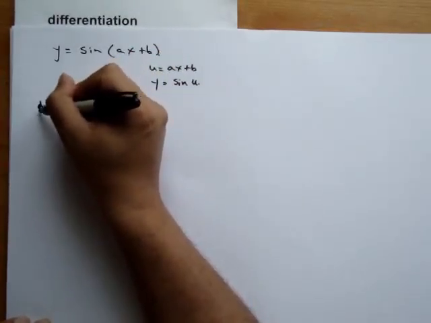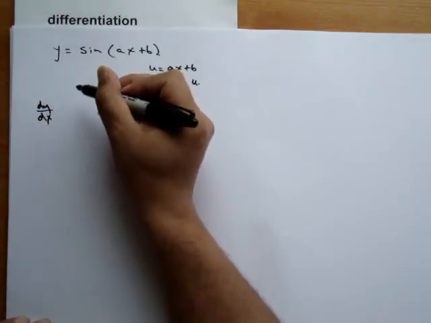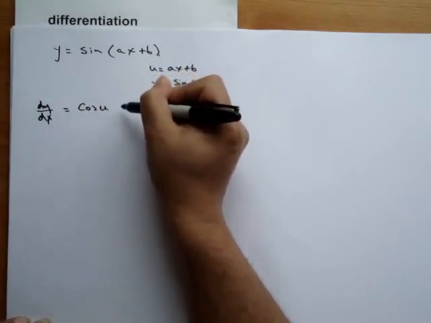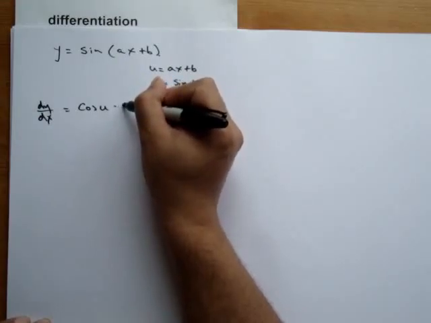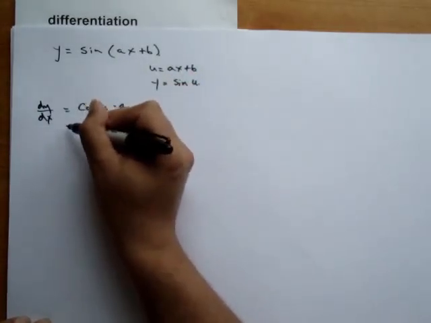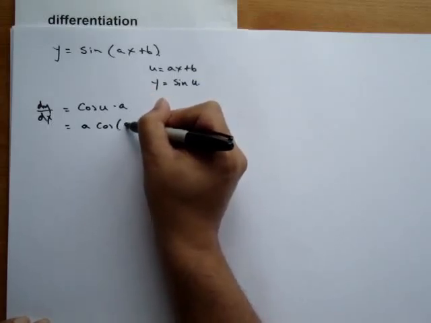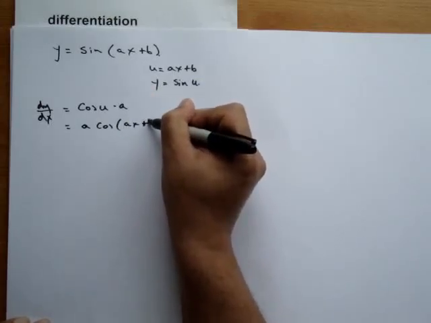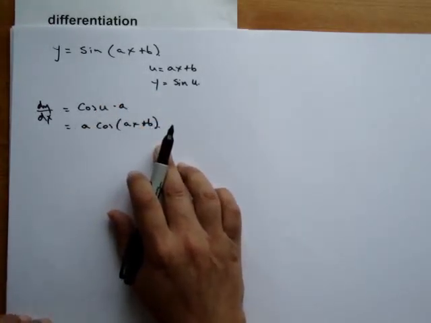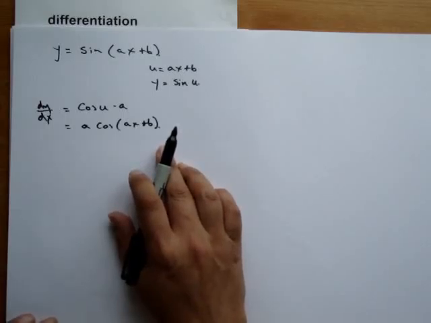Then dy by dx becomes cos u times a, which is a cos, and then the u was ax plus b. And this result is very important in integration as well, when we do the reverse of differentiation.